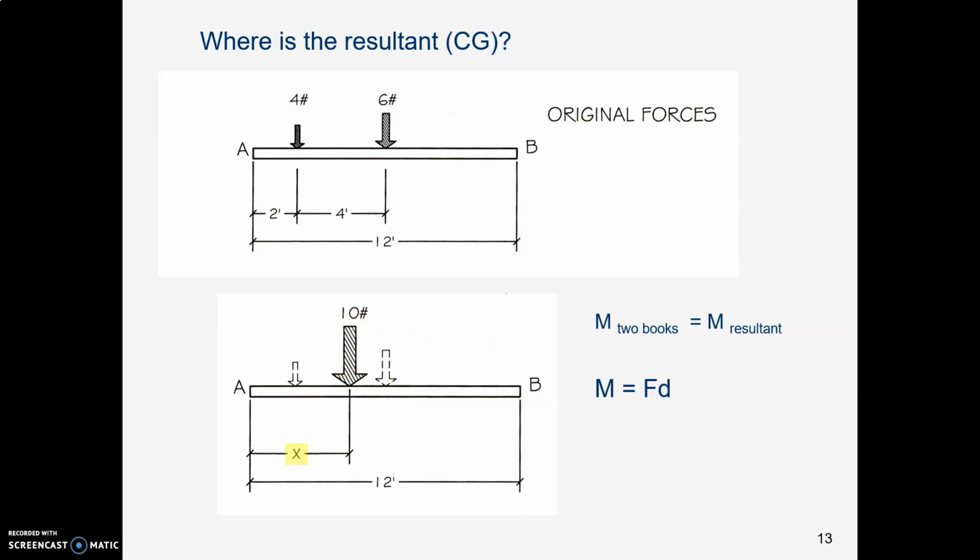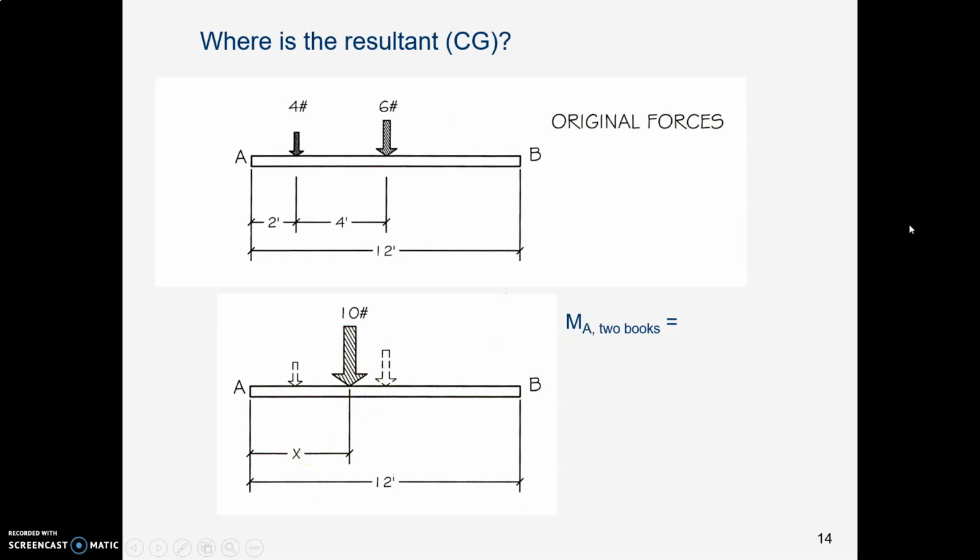And remembering back from structures class, remember that moment is force times distance. So force times distance stuff for the small books is the same as force times distance stuff for the resultant. So the moment caused by the 2 books, let's do this. 4 pounds times 2 feet. 6 pounds times 6 feet.